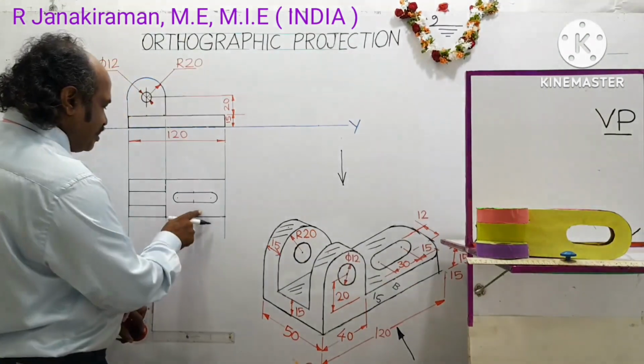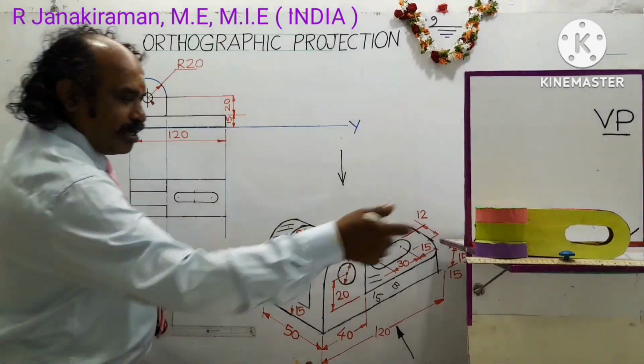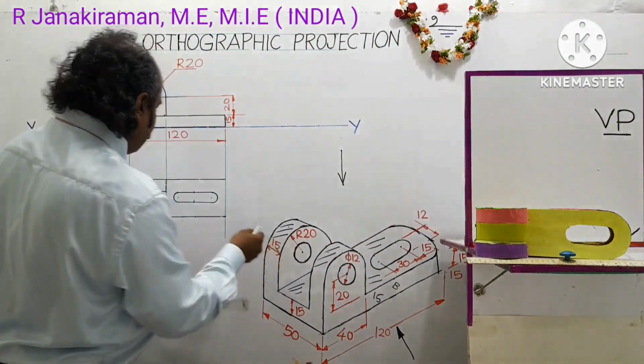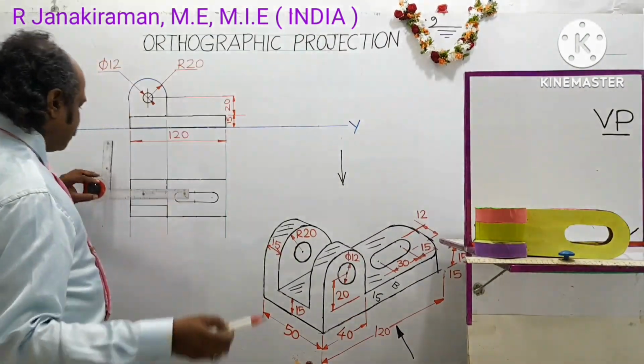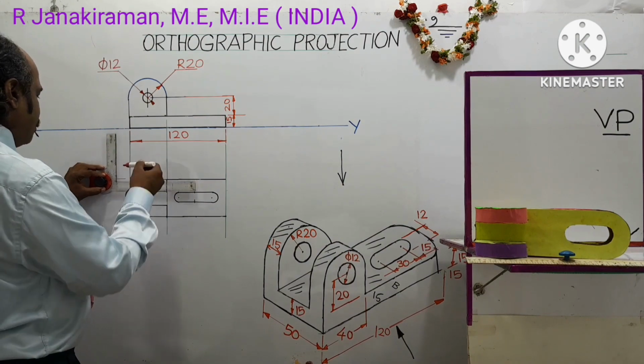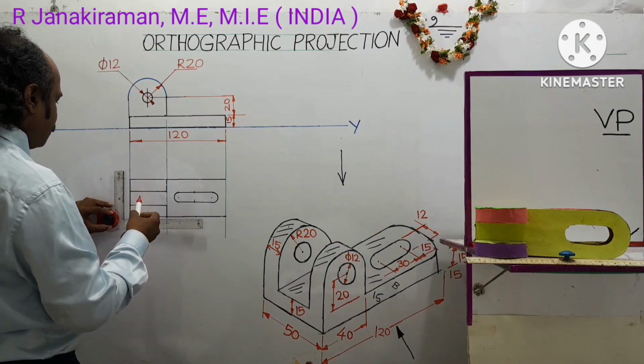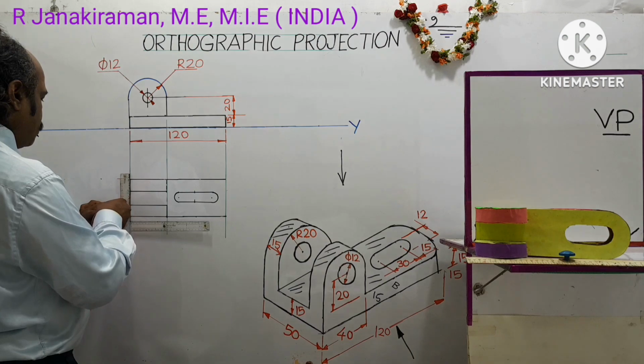Right. So let us dimension this. This collar portion is given as 15 mm. So let us dimension this using an HB pencil. Draw the extension line. Next you draw the dimension line.